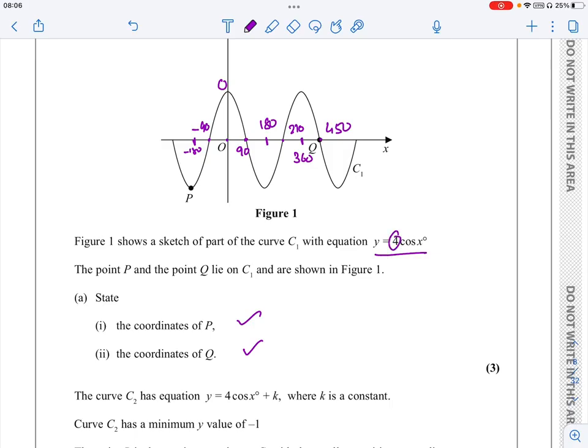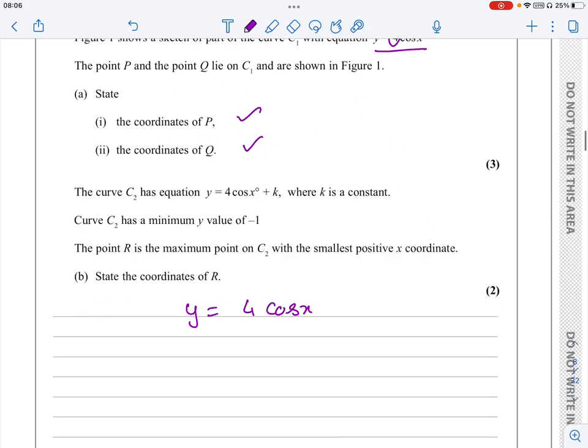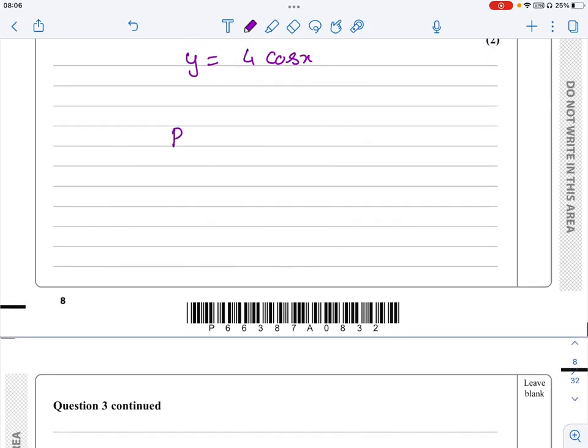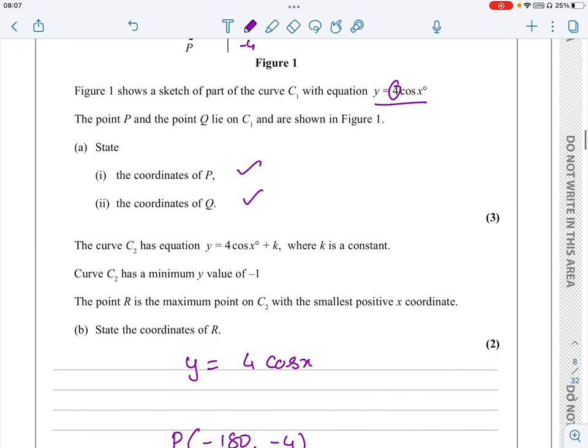The maximum value is plus 4 and the minimum value is minus 4. So P is negative 180, negative 4, and Q is 450 comma 0.